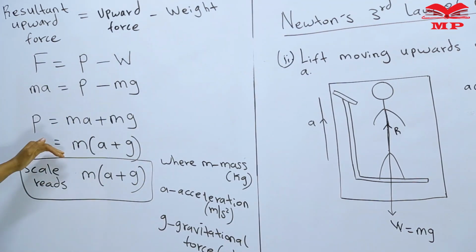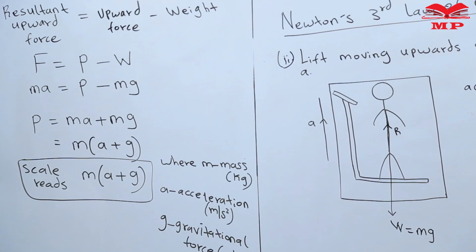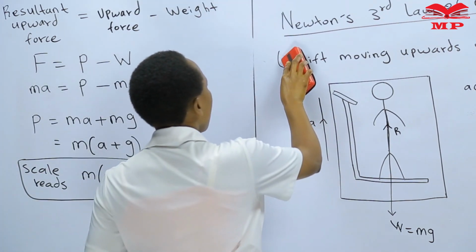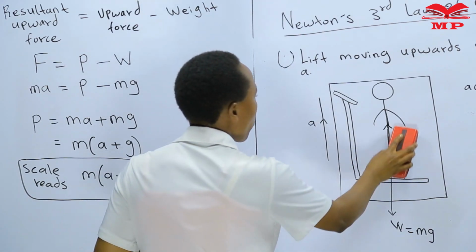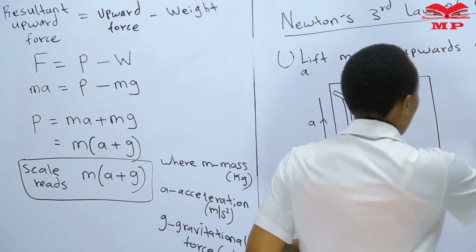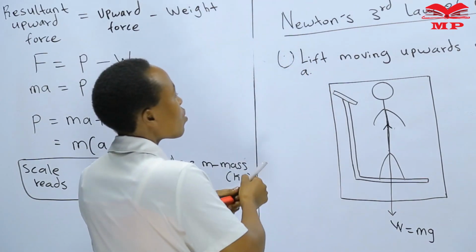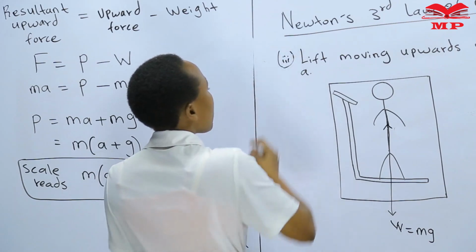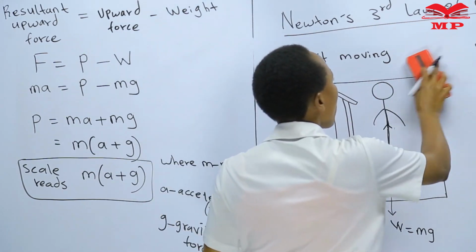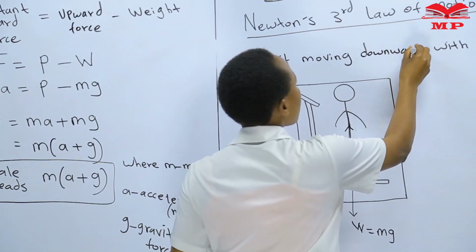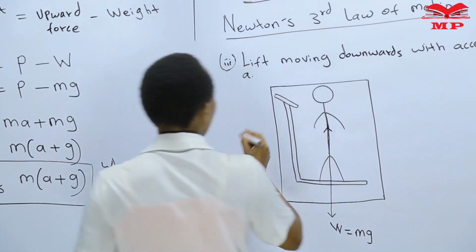So that is now the formula that we'll be applying for the reading on the scale for a lift that is moving upwards. Then finally, number 3, we look now at a lift that is moving downwards, with an acceleration a.